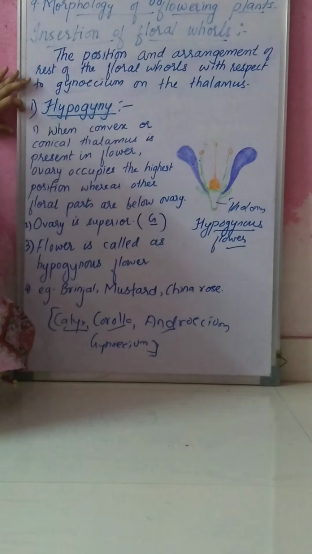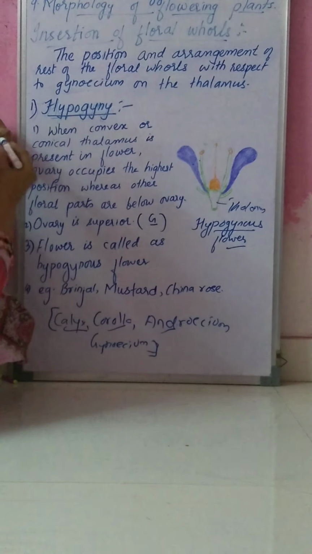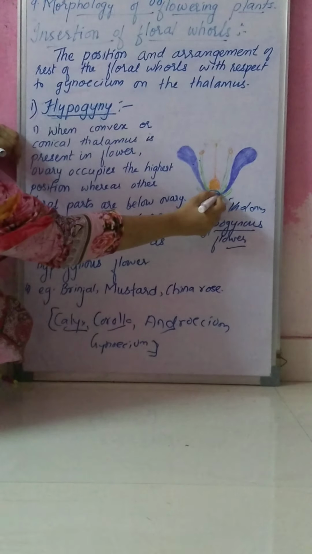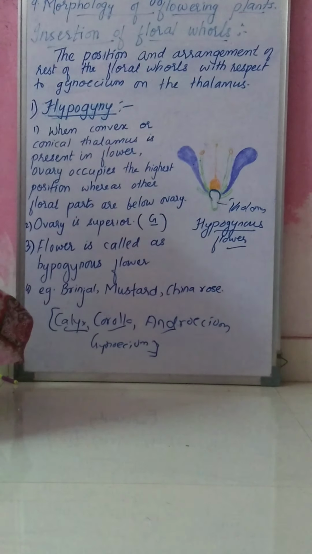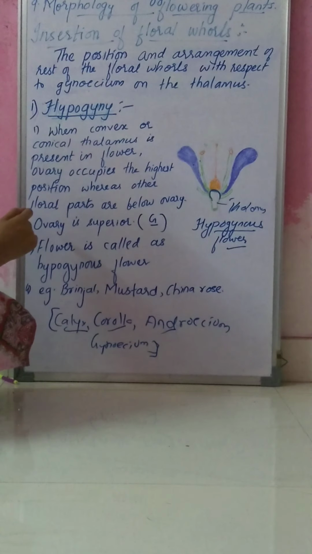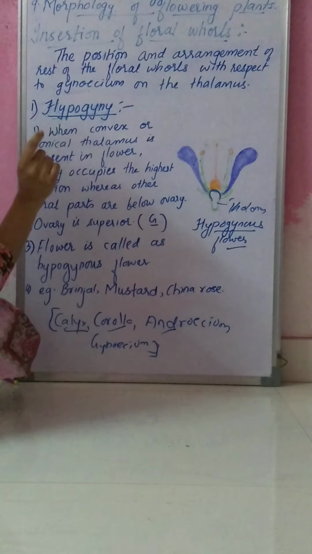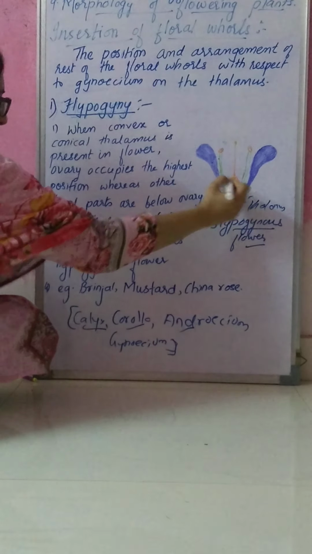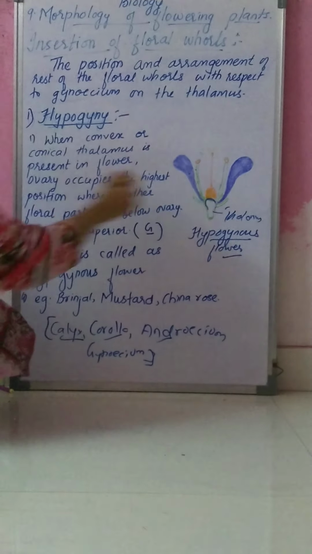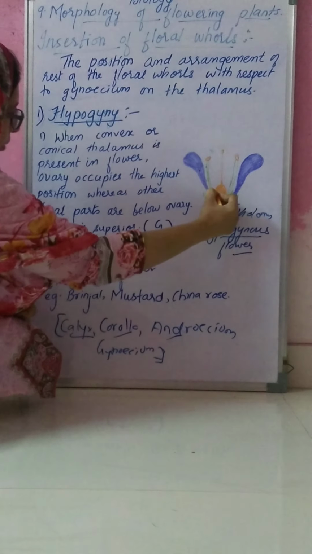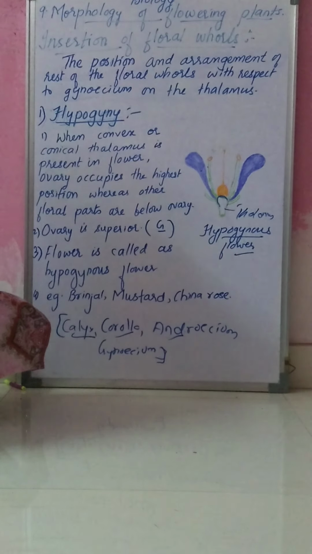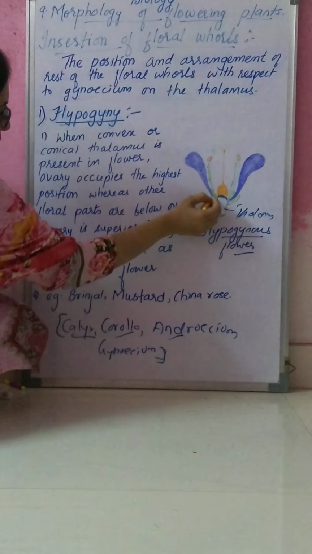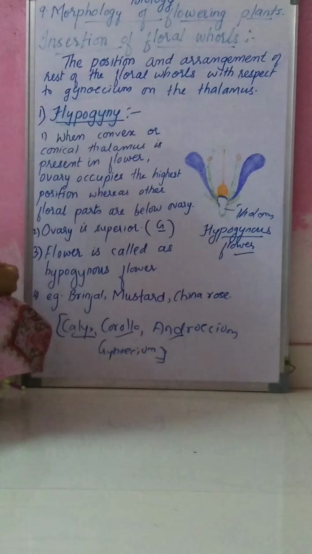Now what is hypogyny? Hypogyny means, here you can see, when a convex or conical thalamus is present in the flower. If this type of thalamus is present, then you can see the ovary occupies the highest position, whereas the other floral whorls are present down.